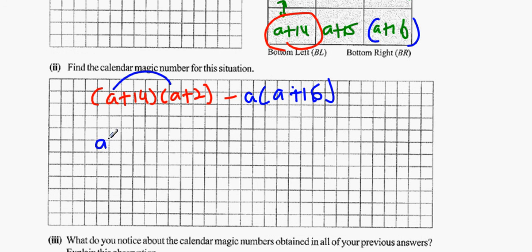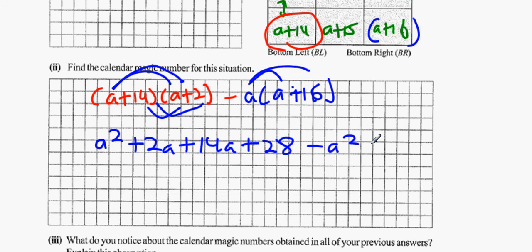We're going to get A squared plus 2A plus 14A plus 28. We're going to get minus A squared minus 16A. And then what we're going to see is that the A squareds cancel. 16A minus 16A also cancels. And we find out the magic number once again is 28.